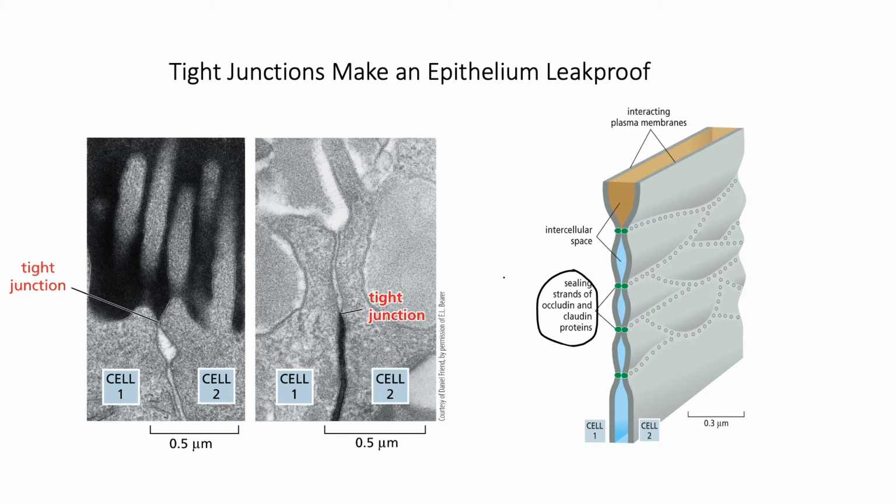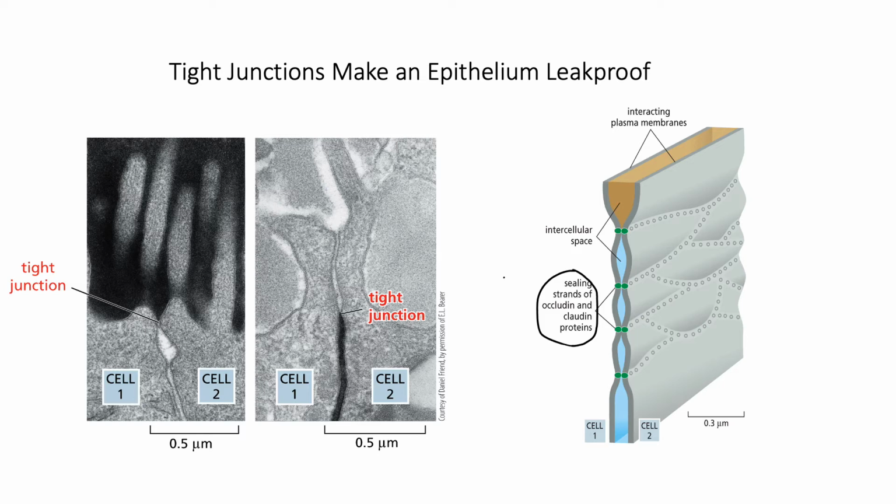And if you look at the drawing on the right-hand side, what it's showing is kind of like a cross-section where you have two cells, and we're looking at the edge of the cell, and you can see the green little dots represent the adhesion of these two proteins together.